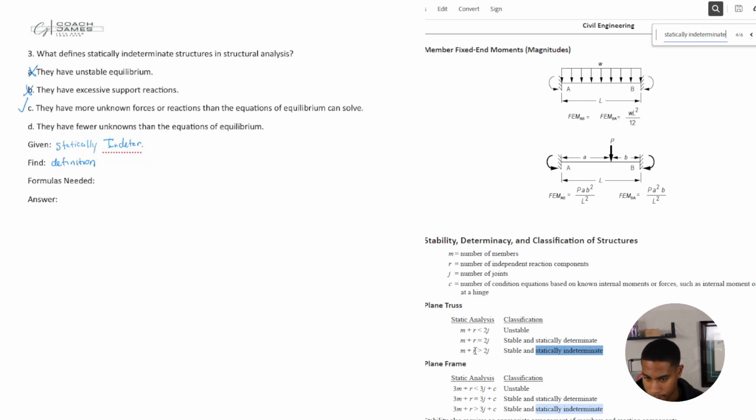If it was stable and statically determinate, reactions plus members would equal the number of joints.